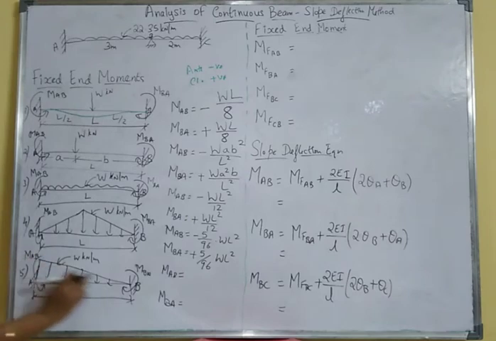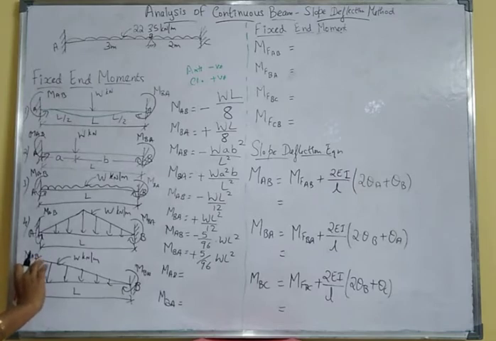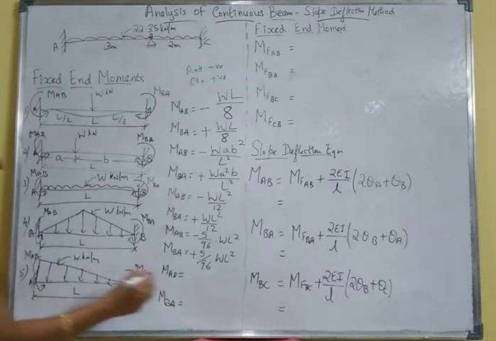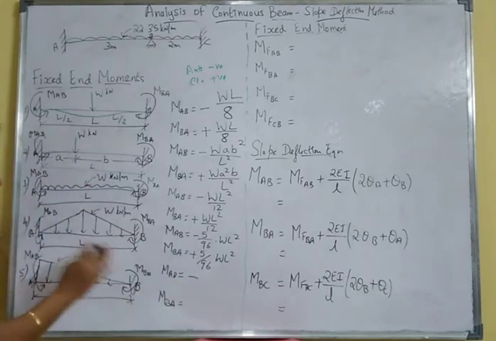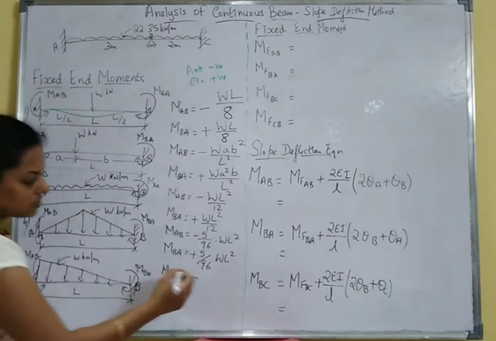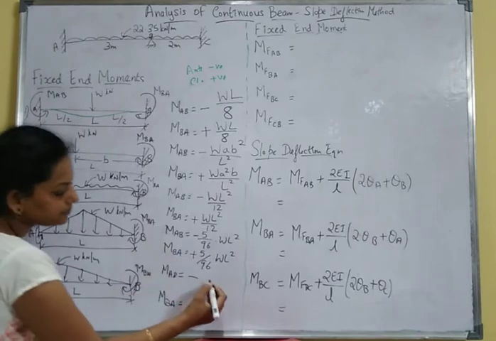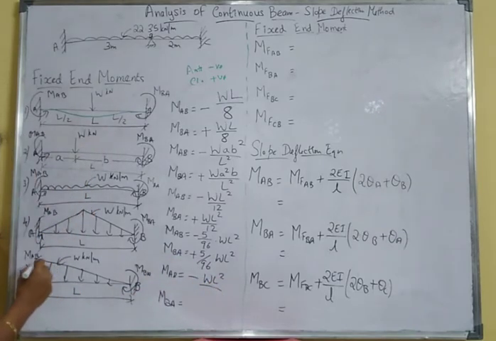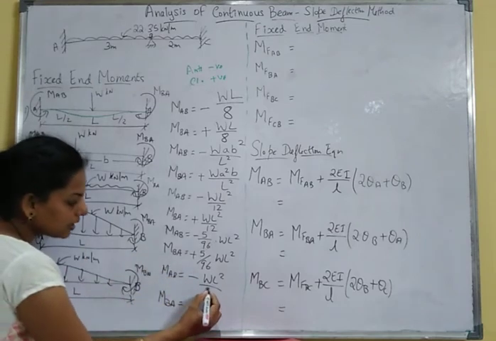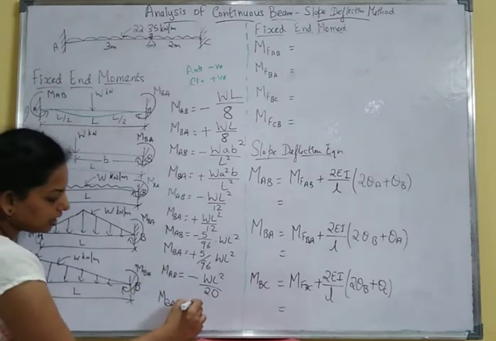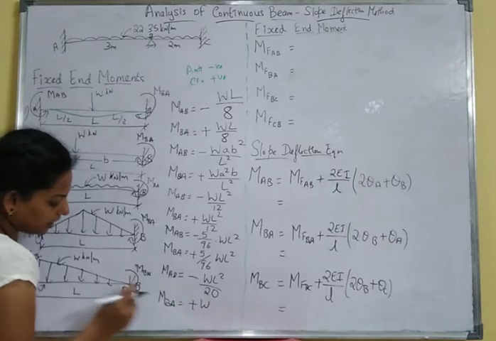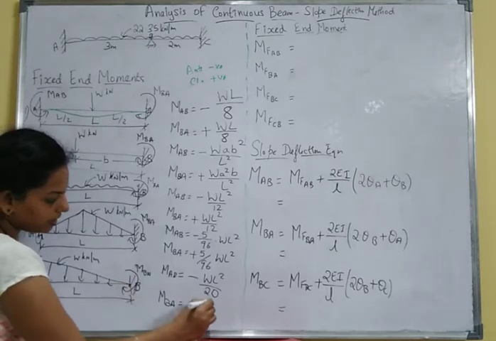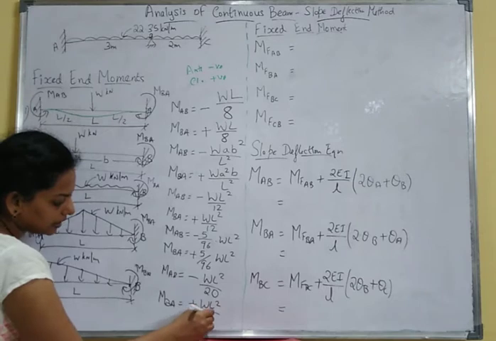Suppose you have UVL, that is triangular variation, then the sign depends upon anti-clockwise and clockwise: it is anti-clockwise minus WL square by 20 in this part, and at the other end it will be WL square by 30.